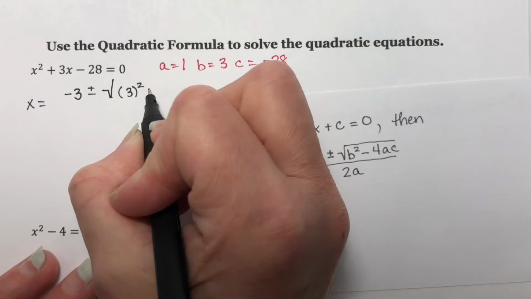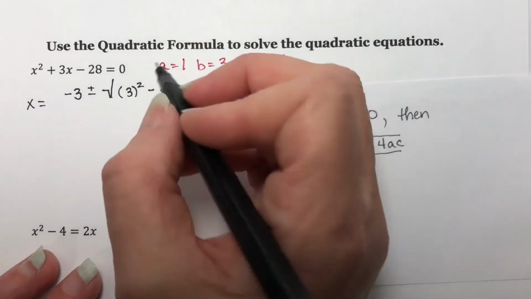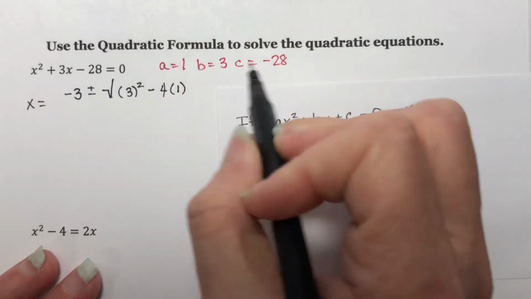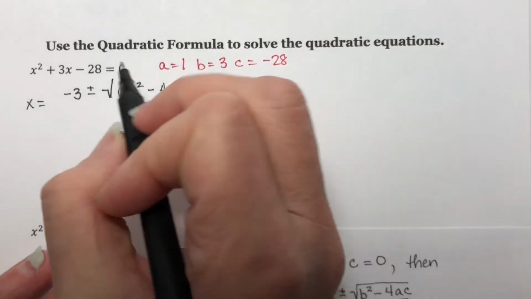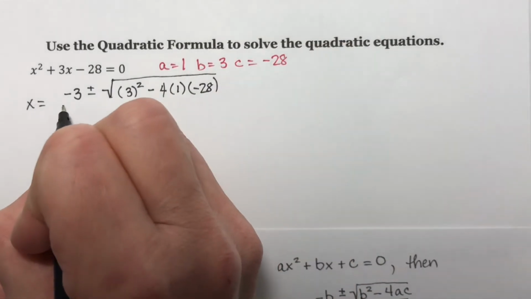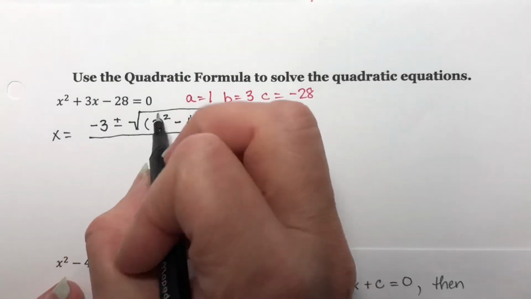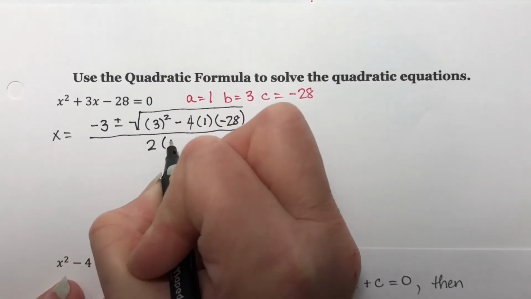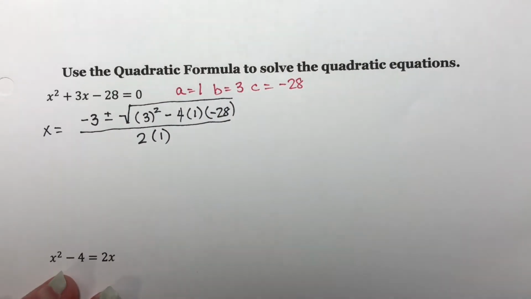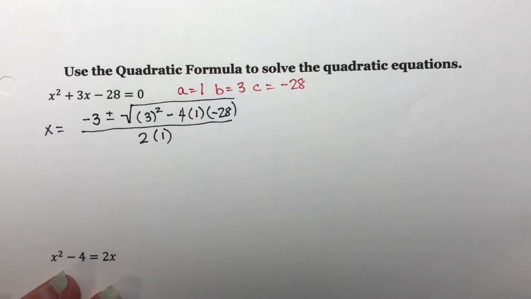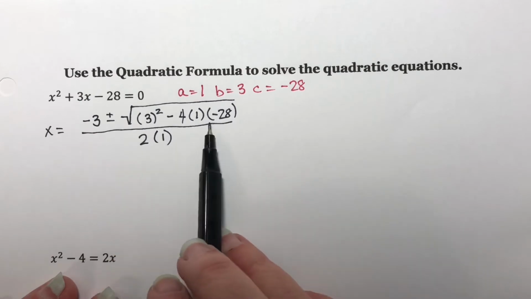B squared minus 4, because the 4 is in the equation, a, c, okay, and this is all over 2a. 2 times a, which is 1. Okay, now after here, it's arithmetic. Make sure you're following order of operations and all that kind of stuff. And you really want to simplify this part under here first.